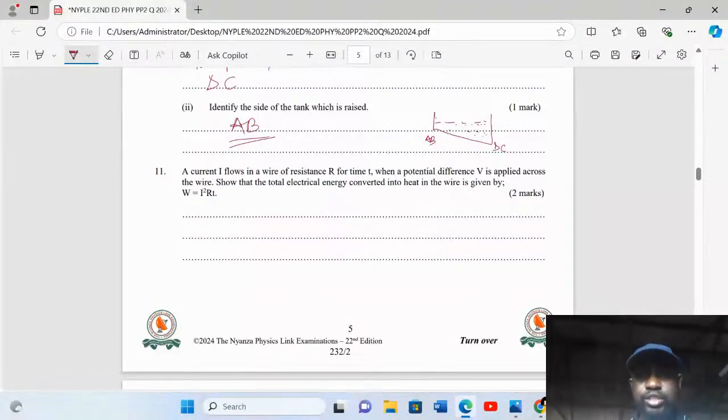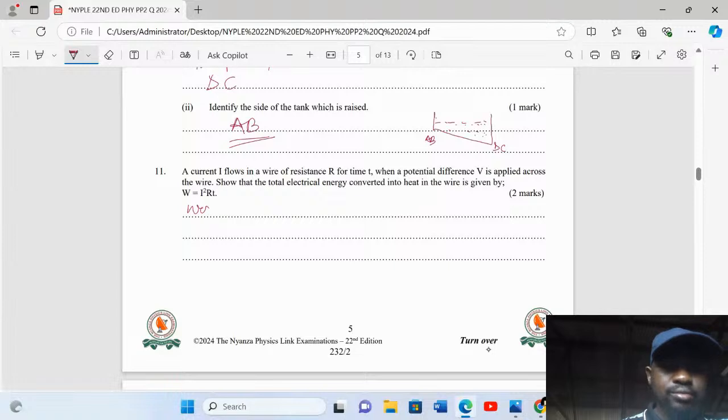When a potential difference of V is applied across the wire, show that the total electrical energy converted into heat in the wire is given by I squared RT.